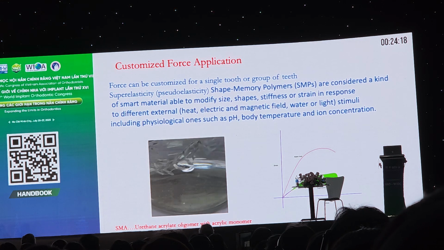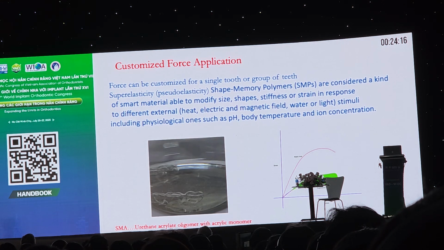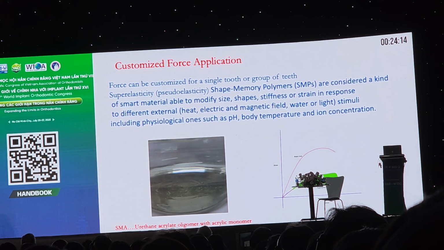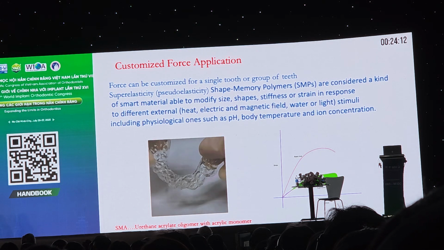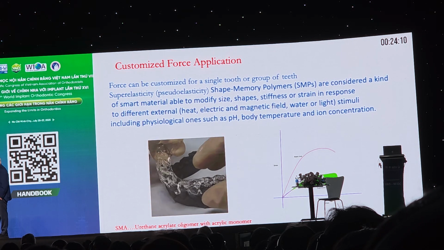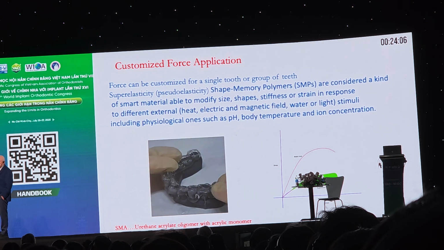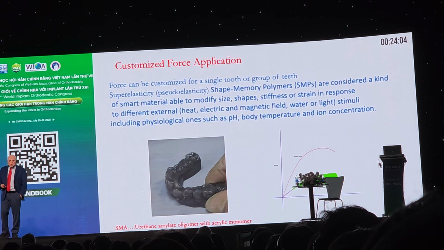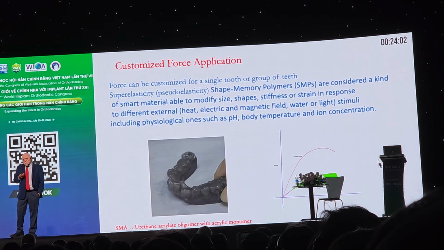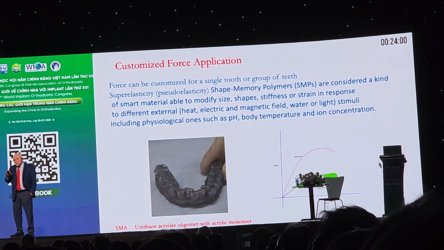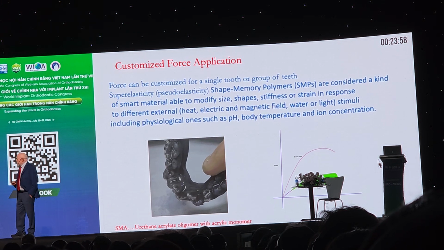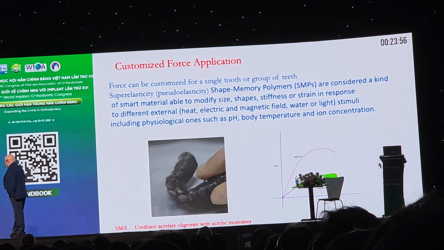If it is just lukewarm water, it becomes very soft as well. Also, very easy. You take it, you can see, now you can bend it, you adapt it, no more squeezing needed, fits completely. And as soon as you put it in the mouth, with the mouth temperature, it will become active and start moving the teeth at the same time.